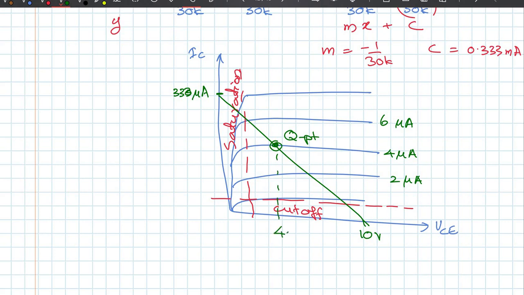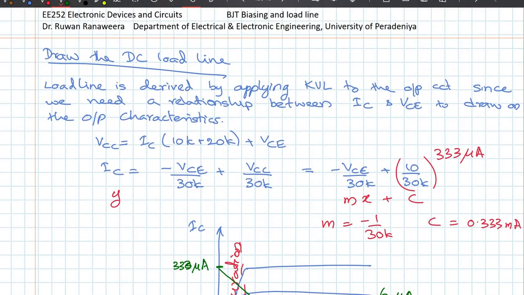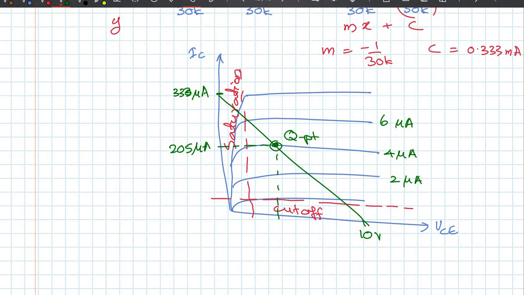Sorry, it's about 4.1 microamperes for the base current. So this will be 205 microamperes IC, and VCE is 3.85 volts. So that's my DC load line.